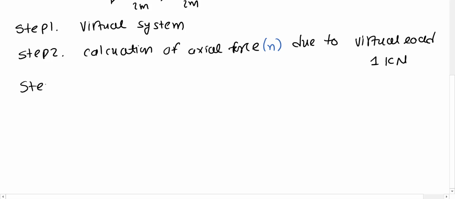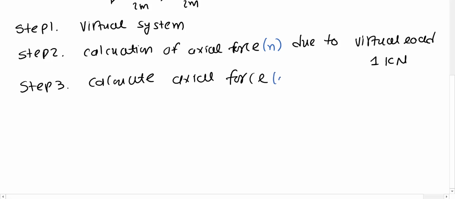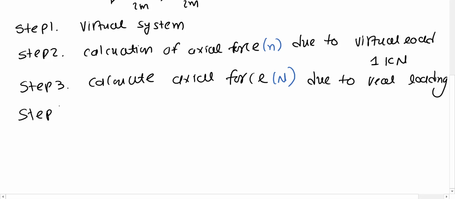Step 3, we're going to calculate the axial force, and that is capital N. Capital N represents the axial force due to the real loading on the truss. And step number 4, we're going to find the deflection at point C. So these 4 steps we're going to follow.